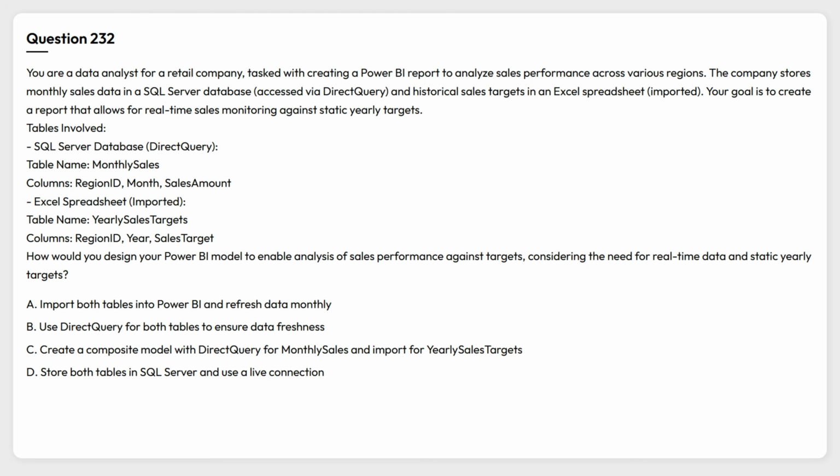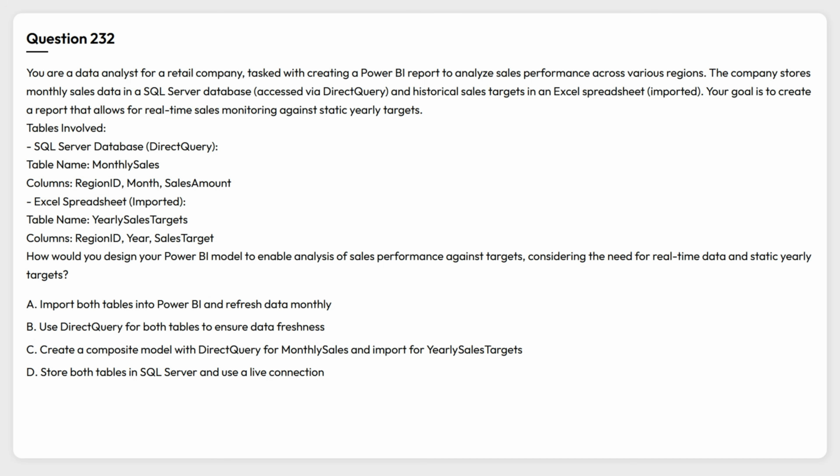Excel spreadsheet imported, table name, yearly sales targets, columns, region ID, year, sales target. How would you design your Power BI model to enable analysis of sales performance against targets, considering the need for real-time data and static yearly targets?